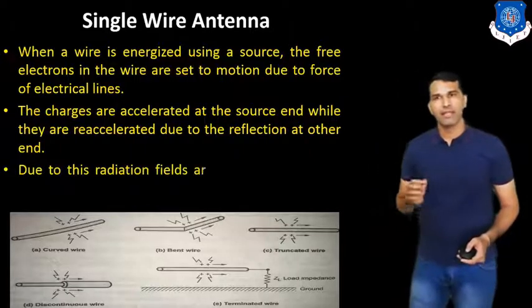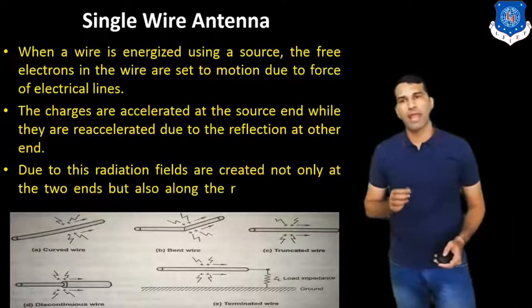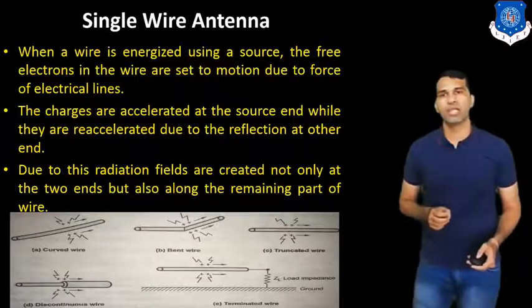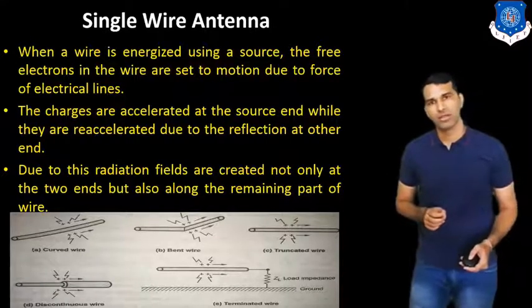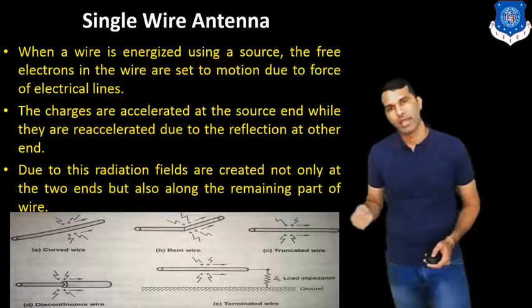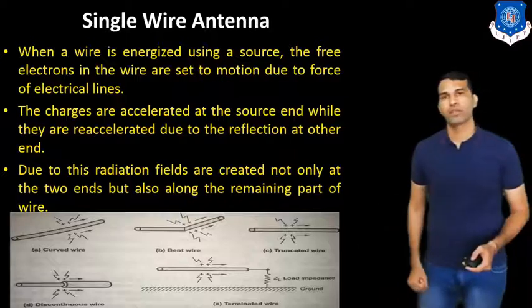Due to this, radiation fields are created not only at the two ends but also along the remaining part of the wire. So this is the mechanism of how radiation is produced in the single wire antenna.